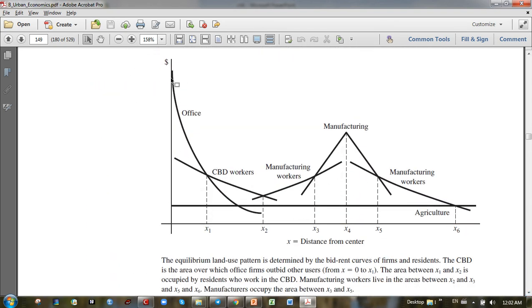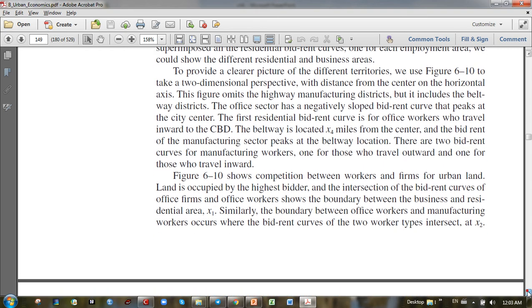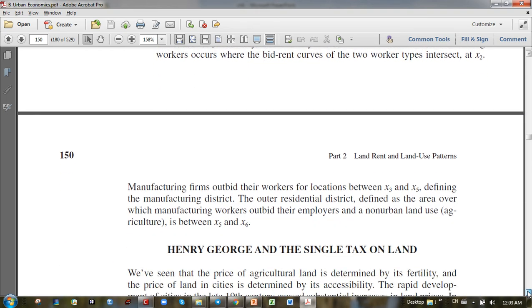This is office, the highest one. This is a Bell Road. This one is higher, it's a Bell Road. Outside this one, it is agriculture. Okay, so this is the last graph and last point of chapter 6 for you.